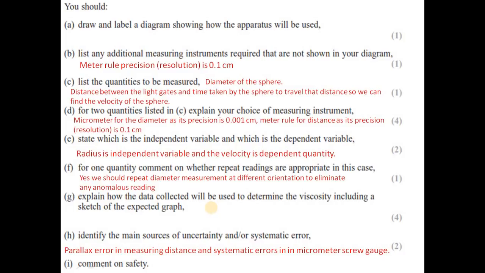Comment on safety. There are no such hazards in this experiment, but as we are using oil, the oil might spill on the ground, so we must have something to clean it quickly to avoid a slippery floor. So we can have a mop or something to clean the oil if it spills.